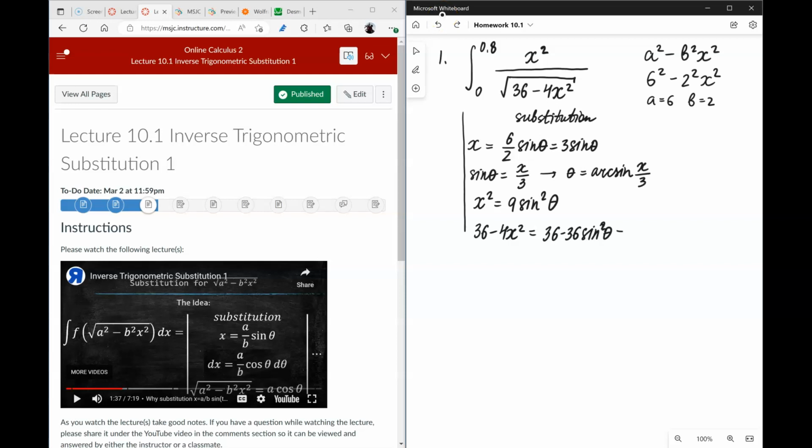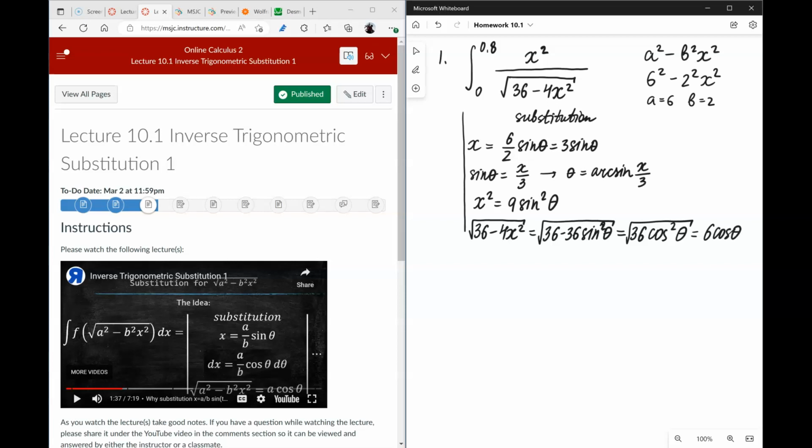If you factor out 36 and use the Pythagorean identity, it becomes 36 cosine squared theta, and with the radical, when theta is in a certain interval, all that becomes 6 cosine theta.